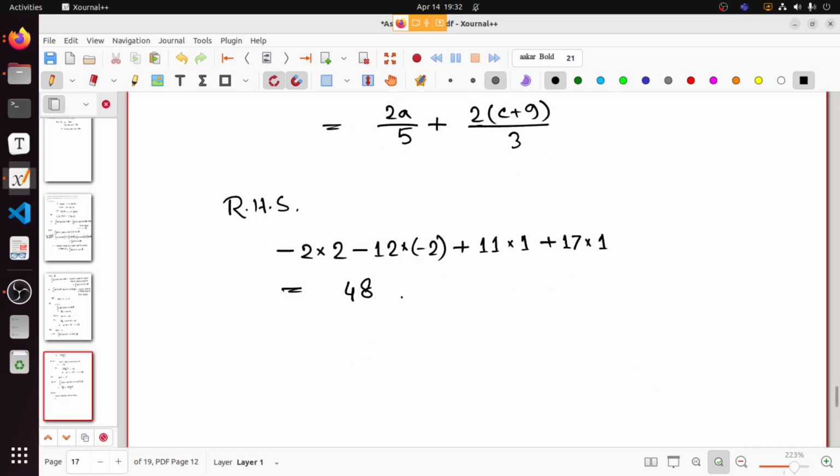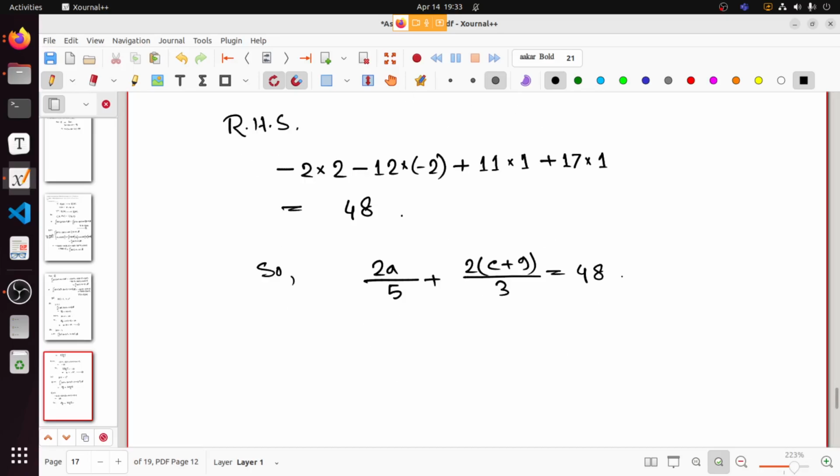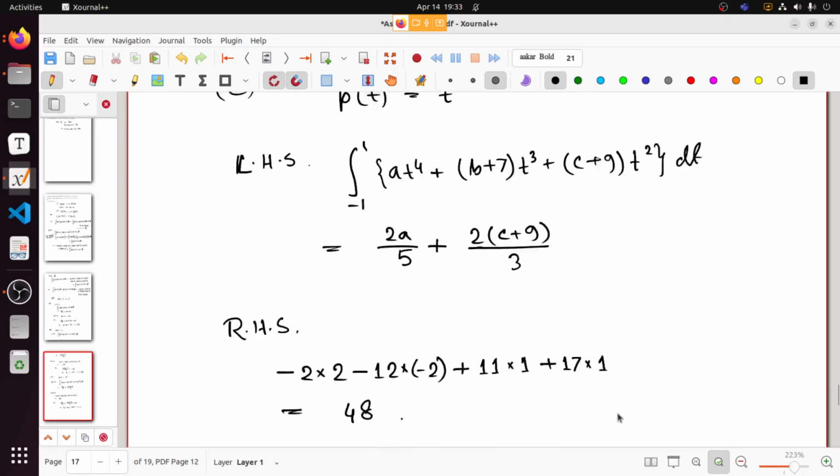So what will you get? 2a by 5 plus 2 into c plus 9 by 3 equals 48. So if you simplify, you will get 3a plus 5c equals 315. So this is equation 3.